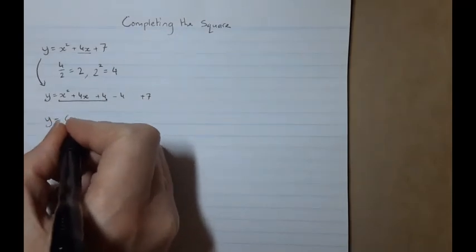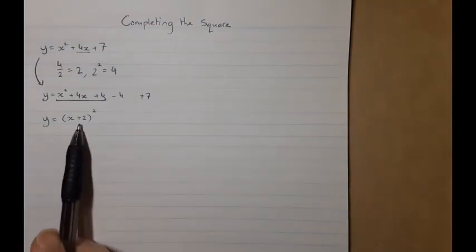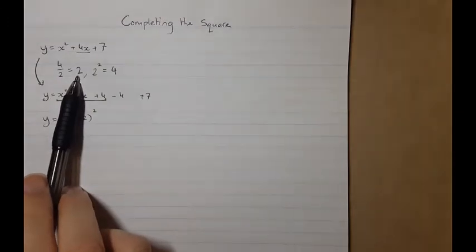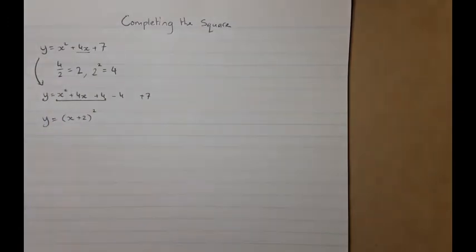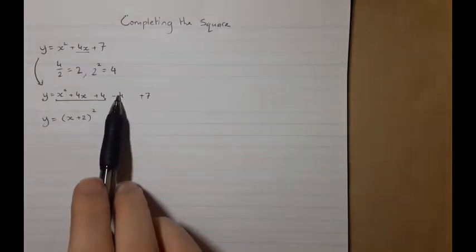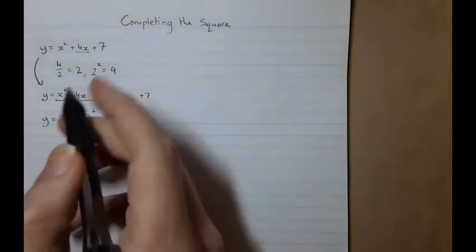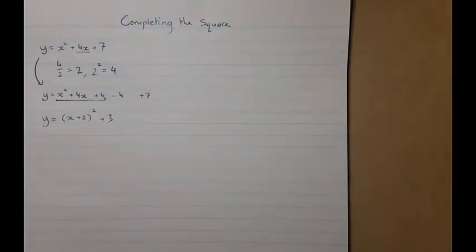They factorize to x plus 2 squared. Now, how do I know it's x plus 2 squared? Well, that's where this number comes in handy. It's whatever that number is. x plus 2 squared. And then I just have to look at the numbers on the end, minus 4 plus 7. And they add up to plus 3.